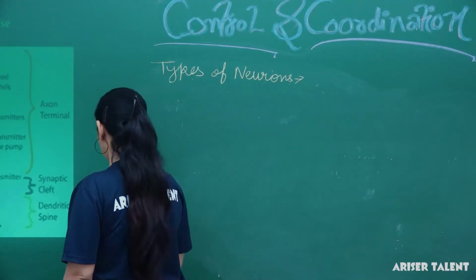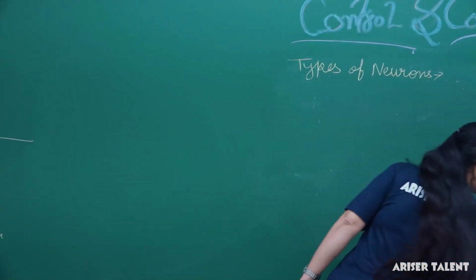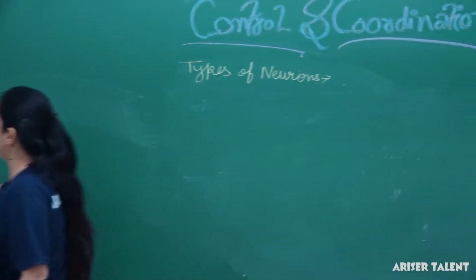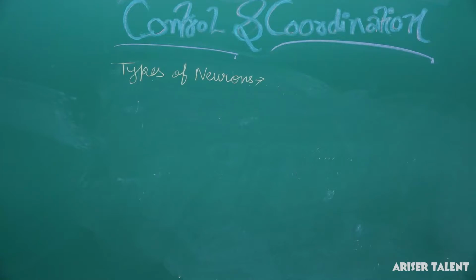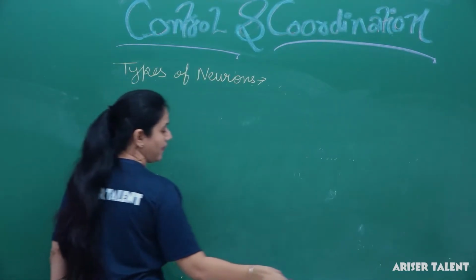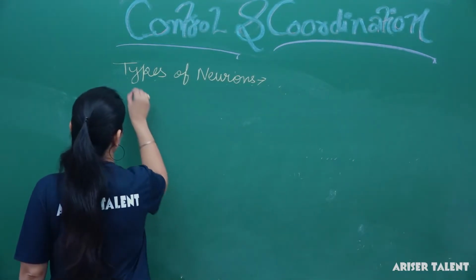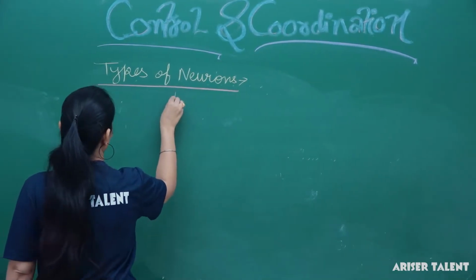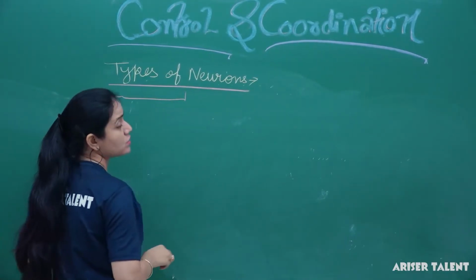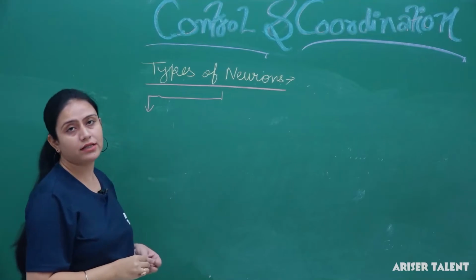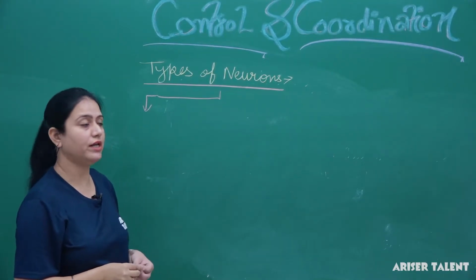Before that, I must switch it off so that we can talk about the neurons. Generally, there are three types of neurons. One is sensory neuron, another is motor neuron, and third is relaying neuron.